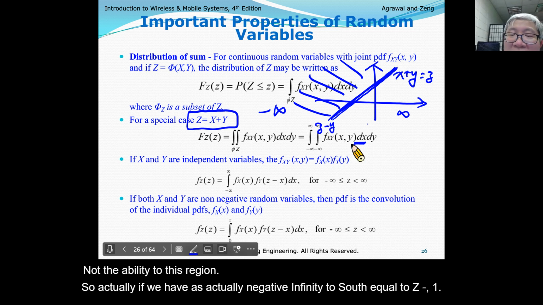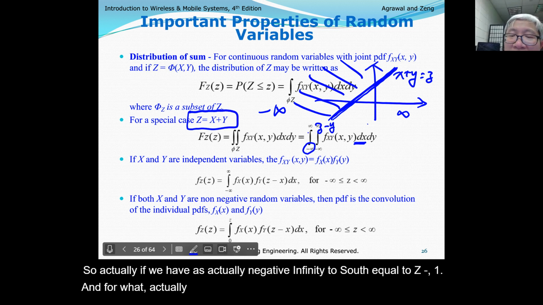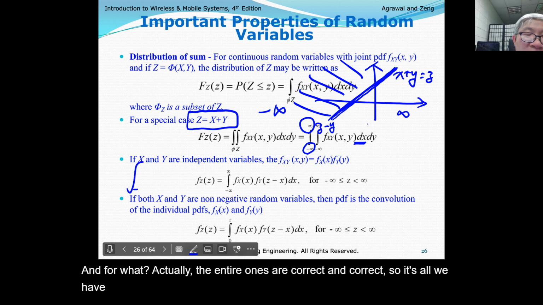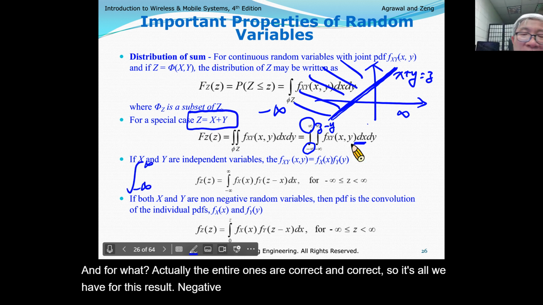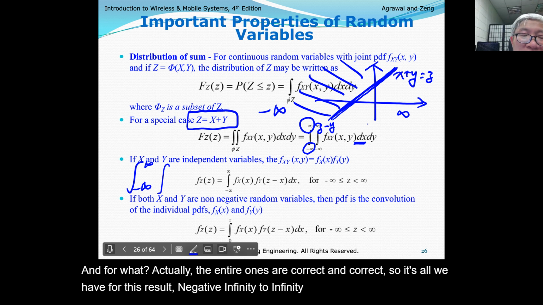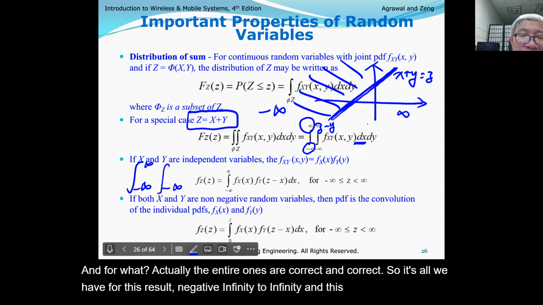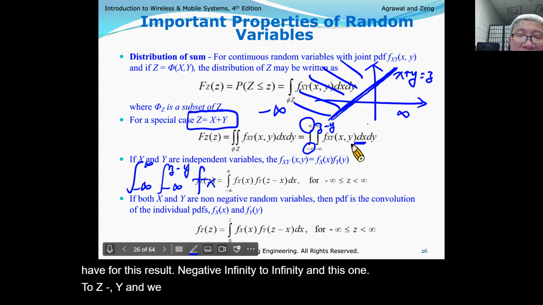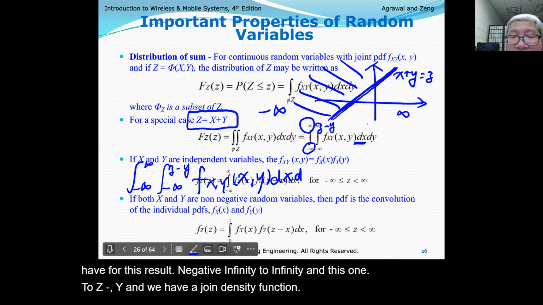And for y, it's the entire range, so correct and correct. So we have this result: negative infinity to infinity, and this one to z minus y. And we have a joint density function.